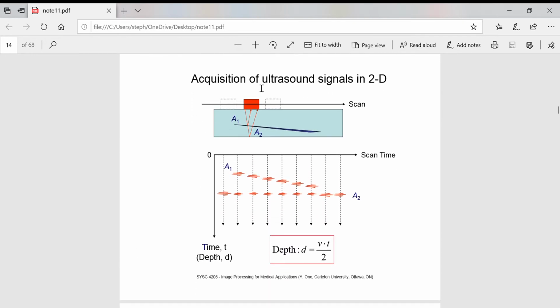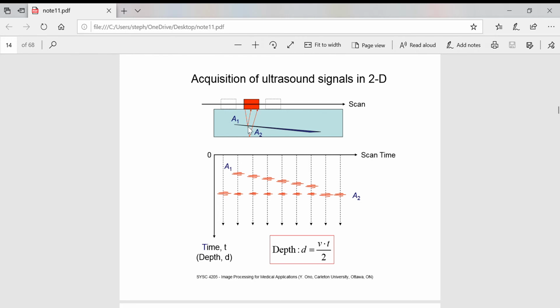So this is how you would acquire all of these signals in a 2D nature. If you have your object here, which is made up of two different materials, it seems, this is material 1 and then material 2. Here we have our transducer and receiver, and it's sending signals in and then receiving them back.